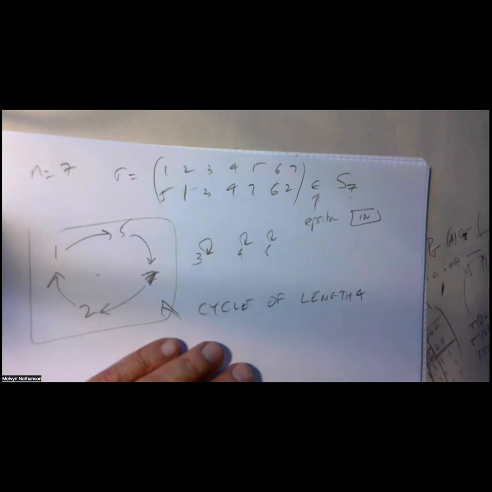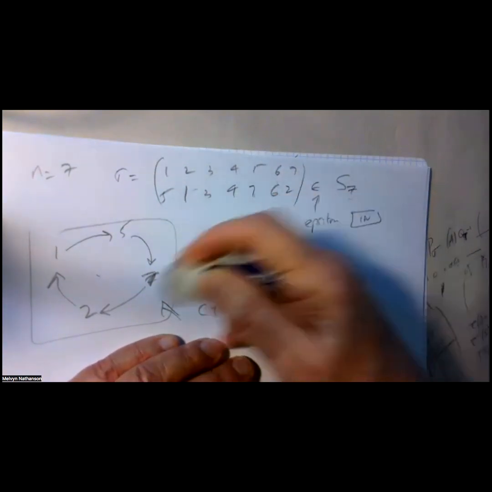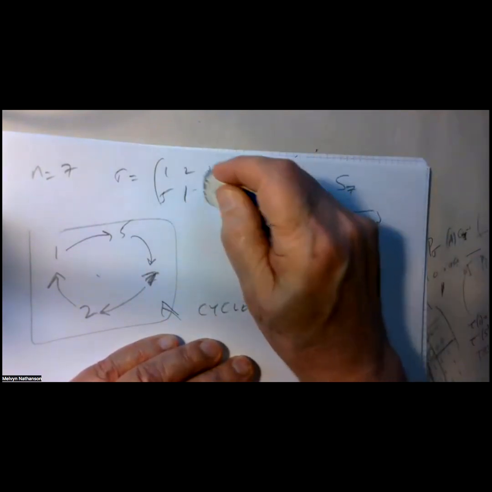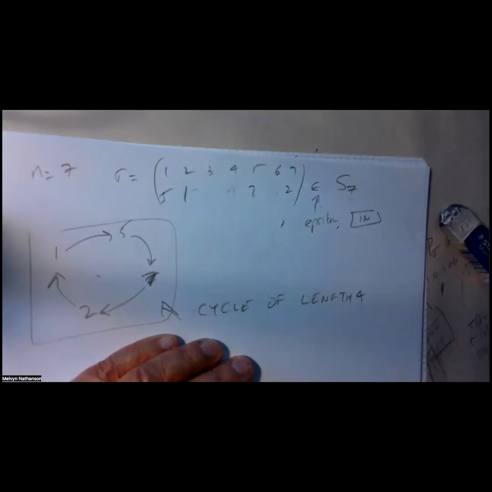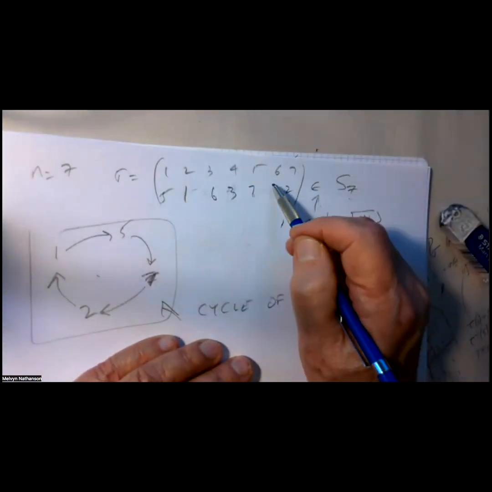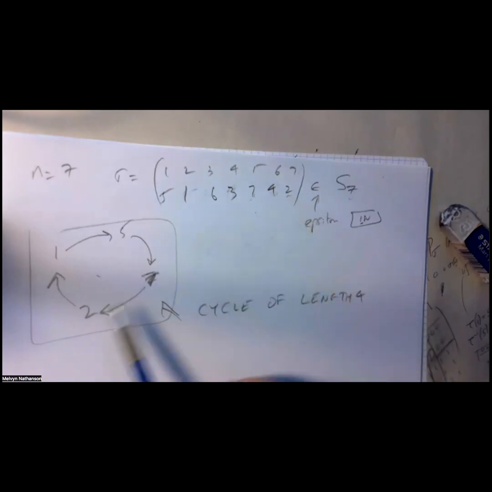Actually, let me change this permutation a little bit. So in this permutation, 1 goes to 5, 5 goes to 7, 7 goes to 2, 2 goes back to 1.